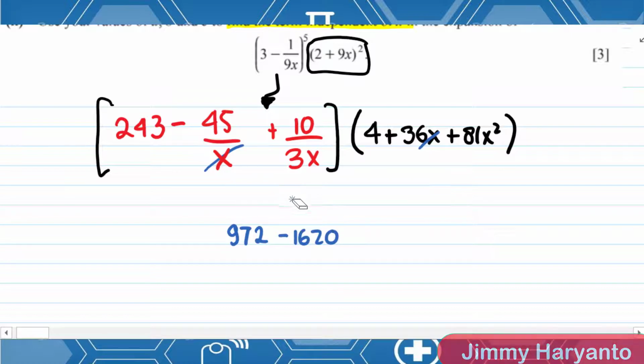And the last one, 10 times 81 divided by 3, is positive 270 without x. So the result will be negative 378.